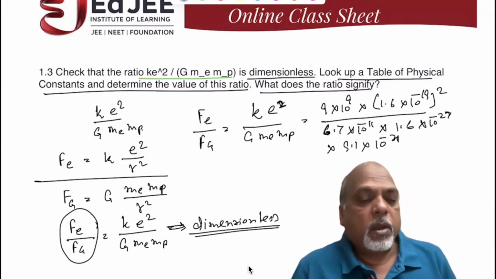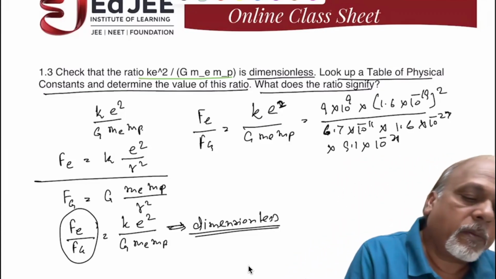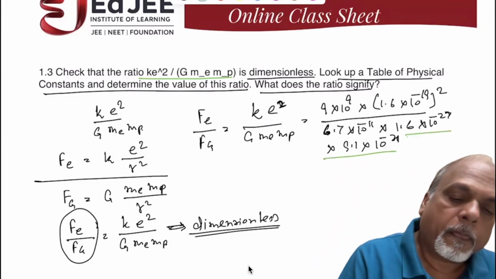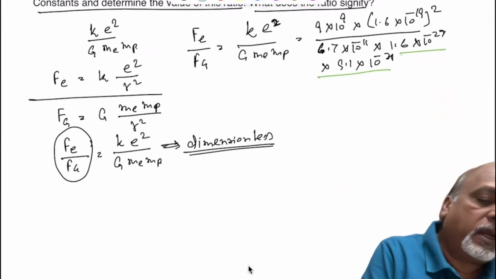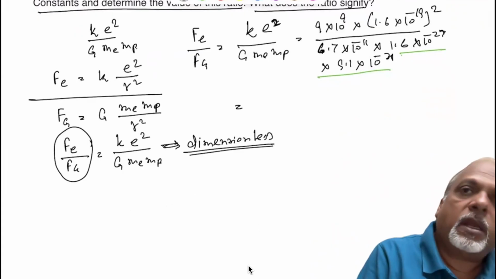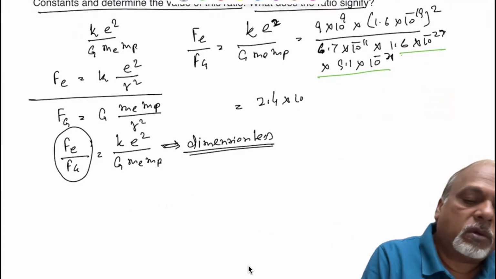That is the mass of the electron. Please check up these values. And what you will get here? You will get the figure like 2.4 into 10 raised to 39.